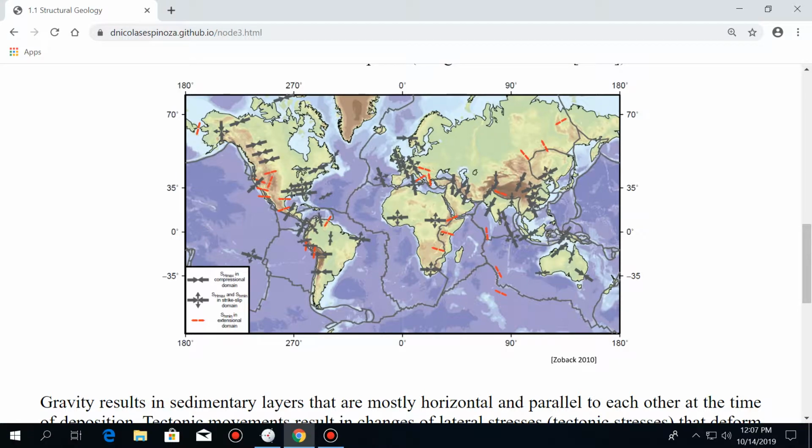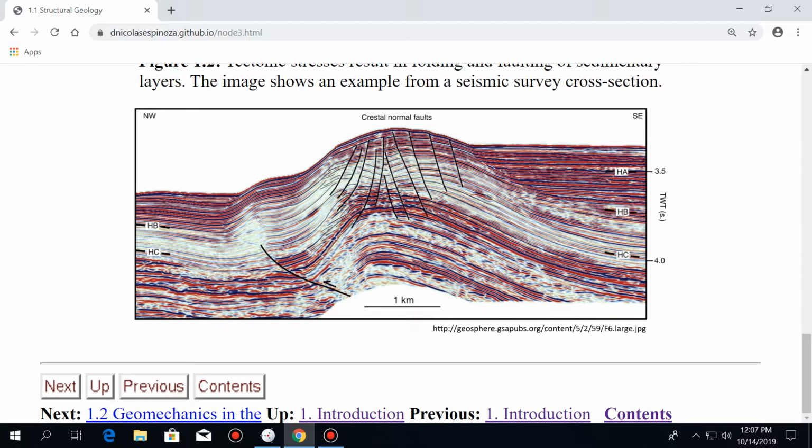Inside the plates, because of these movements, we have also folding and faulting. And folding would be more a type of a ductile failure of the shallow crust, but sometimes this shallow crust is also going to fail through faults, among other failures.